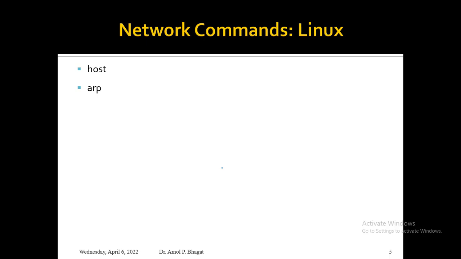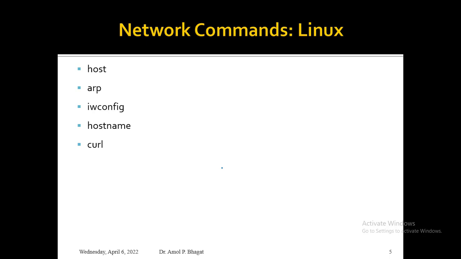Similar to ifconfig, the iwconfig command is there in Linux, which is used to configure the wireless network interface. The hostname command we have used in Windows, right? So same, it will give the network host name, right?